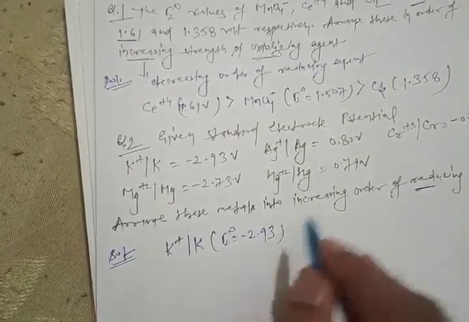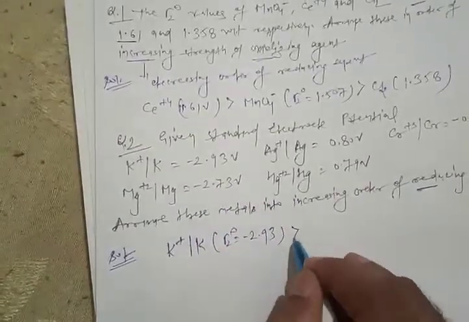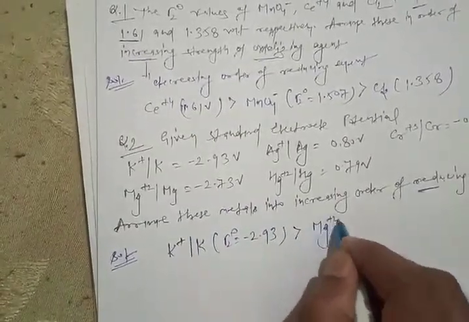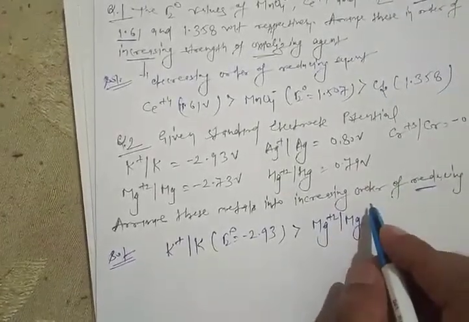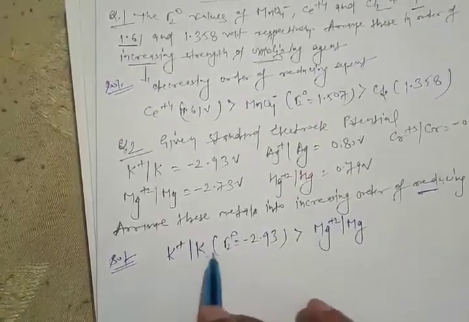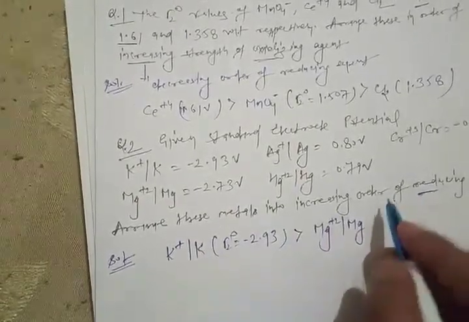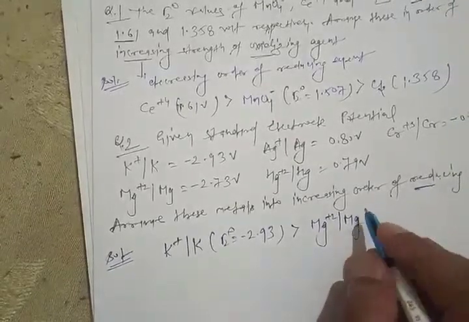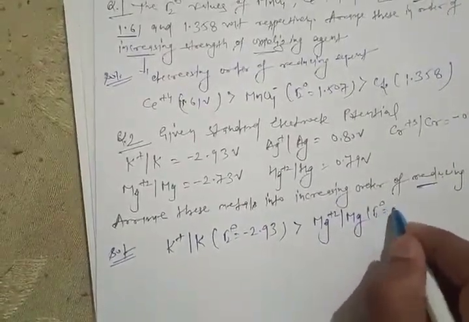Then the second one is magnesium, Mg plus 2 to Mg. Although I'm not writing it correctly, this is a decreasing order, and in the increasing order it will be reversed, but no worry, I will correct it.